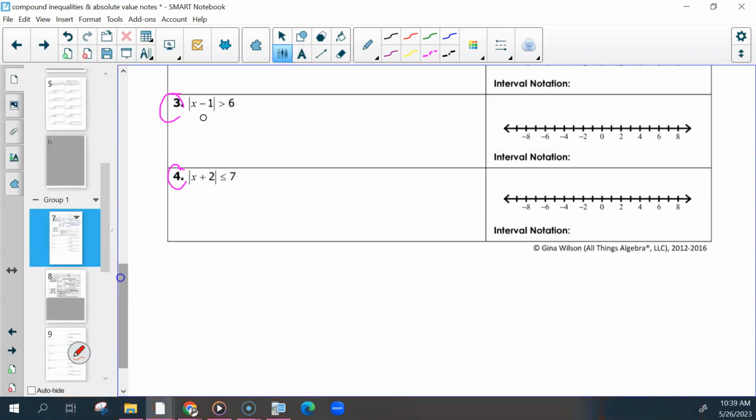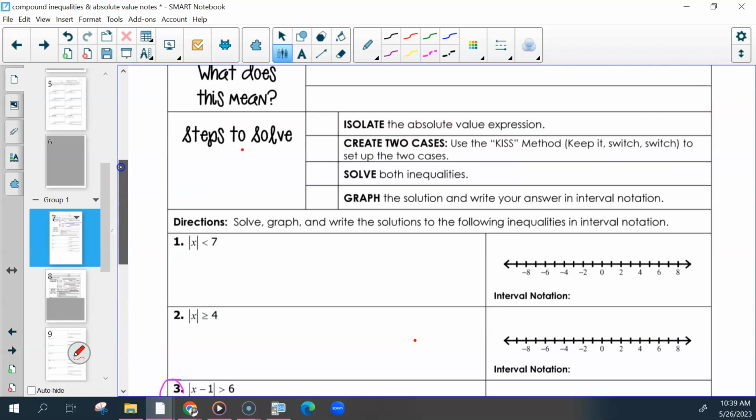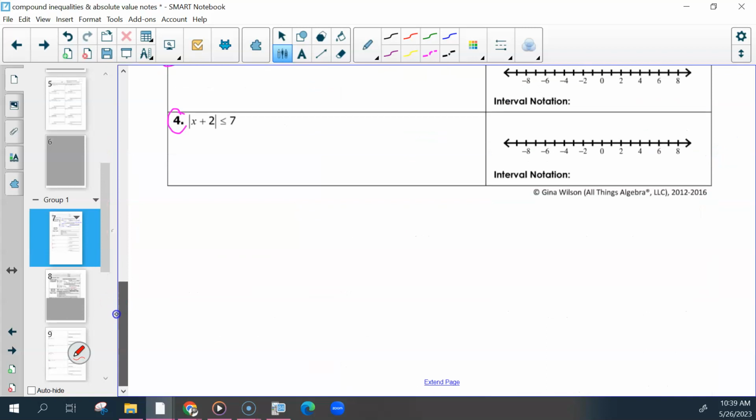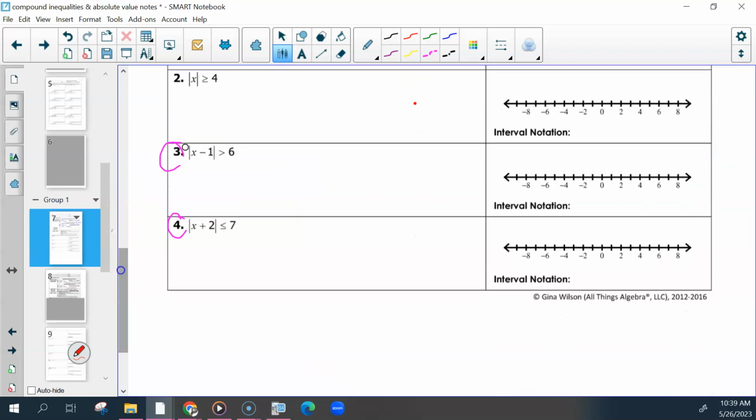So with this first one, because it's greater than, if I go back up, greater than is or. So because this is already isolated, this should also be an or case. So I'm going to drop the absolute value signs and make two cases. X minus 1 is greater than 6, and x minus 1 is less than negative 6.